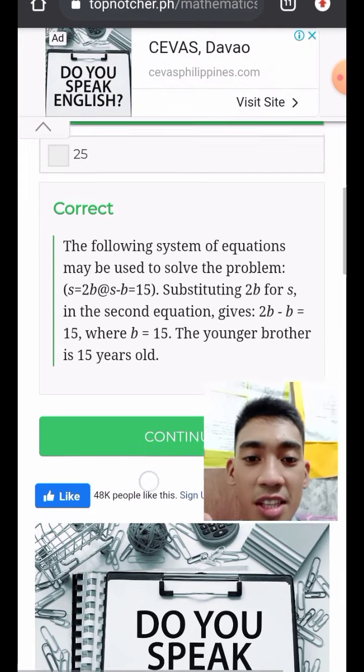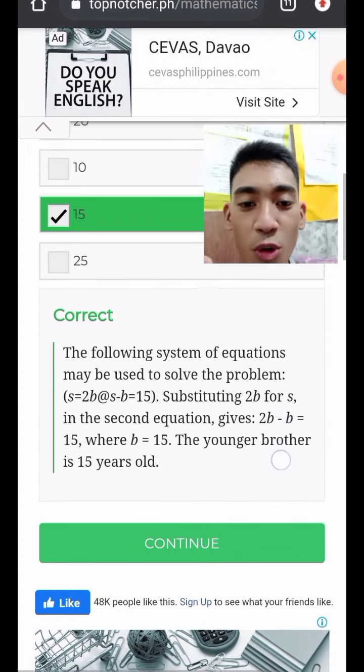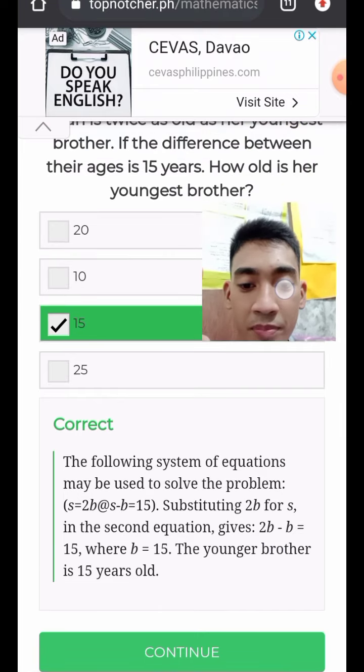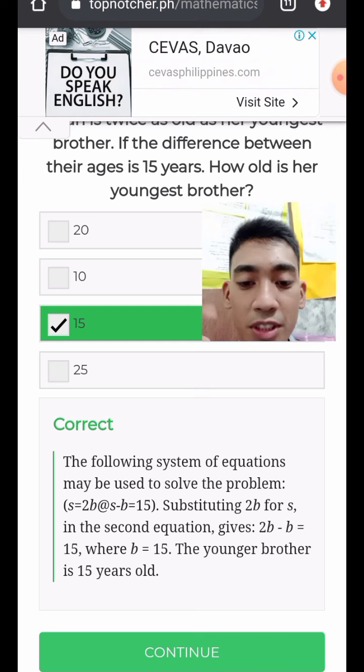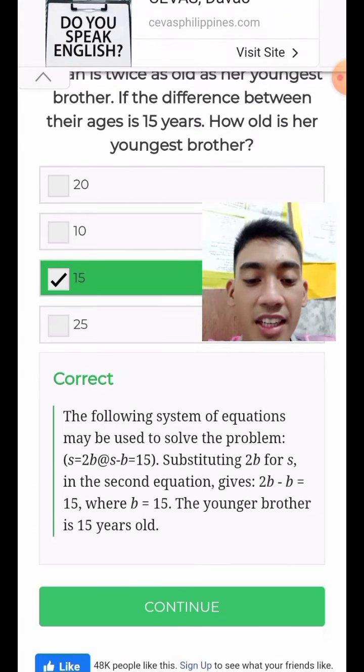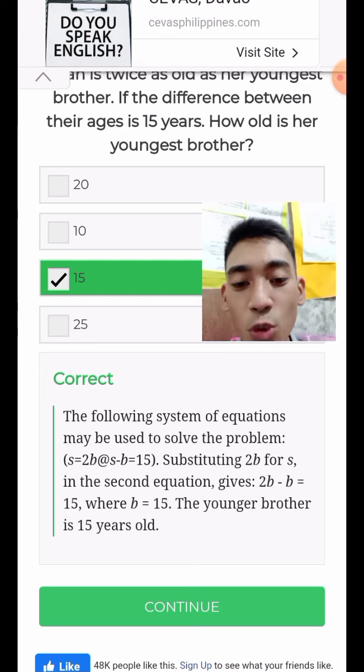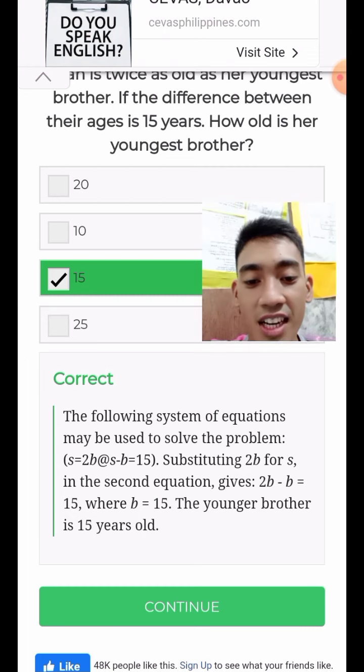The following system of equations may be used to solve the problem, in which Sarah... substituting 2b for Sarah in the second equation gives b, where b is the age of the youngest brother, and 2b is the age of Sarah.